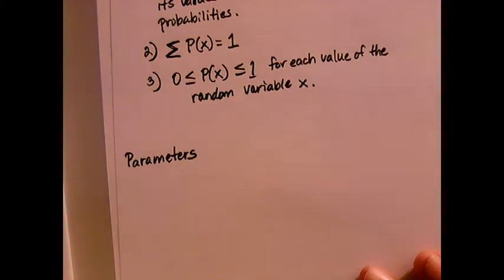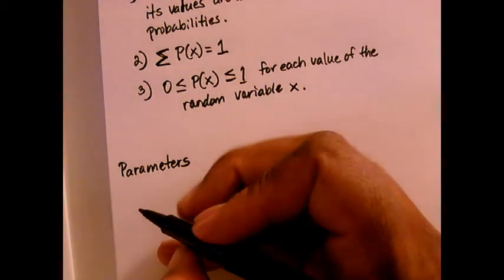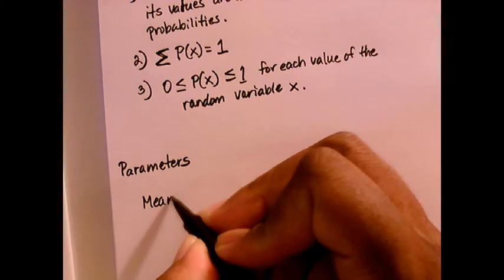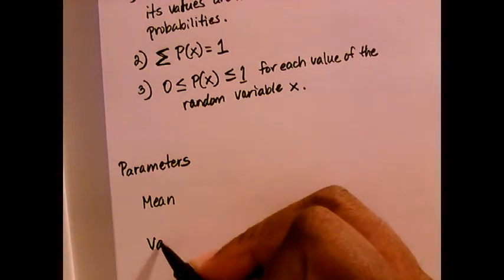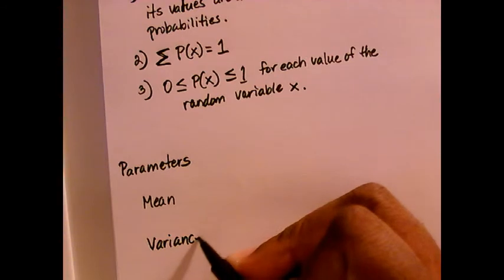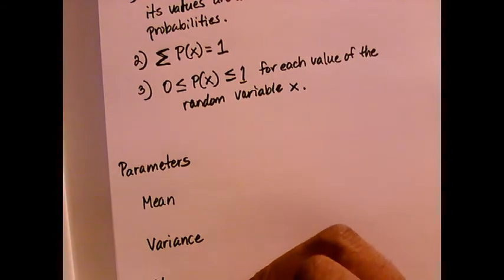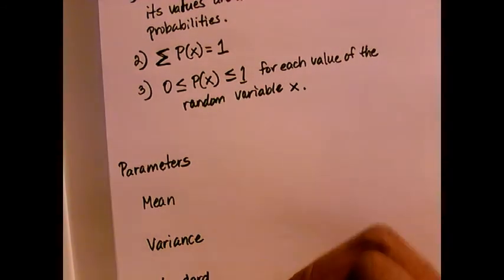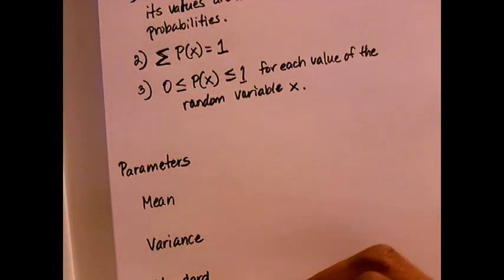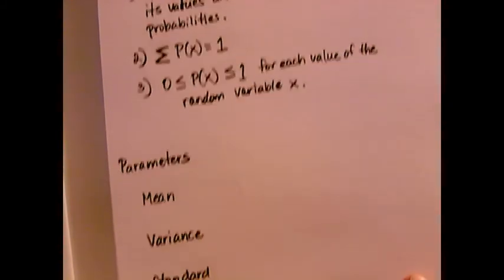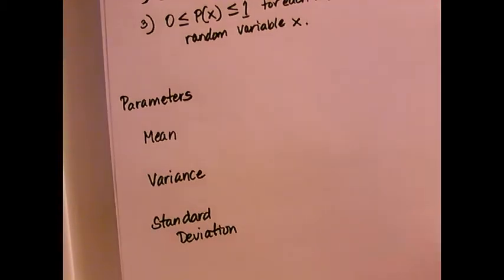Now the parameters that we're going to be dealing with are the mean, the variance, and standard deviation. Now, when we're dealing with the probability distribution, we're using parameters instead of statistics.